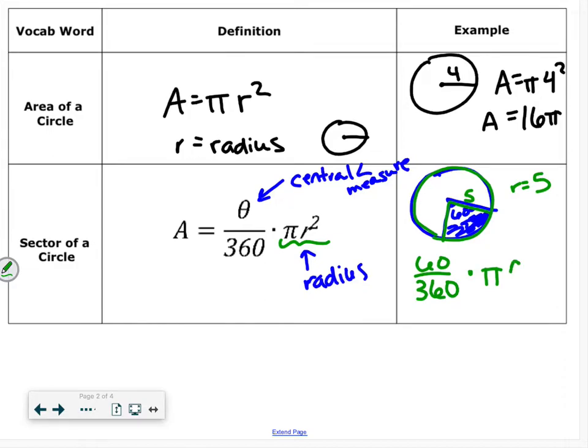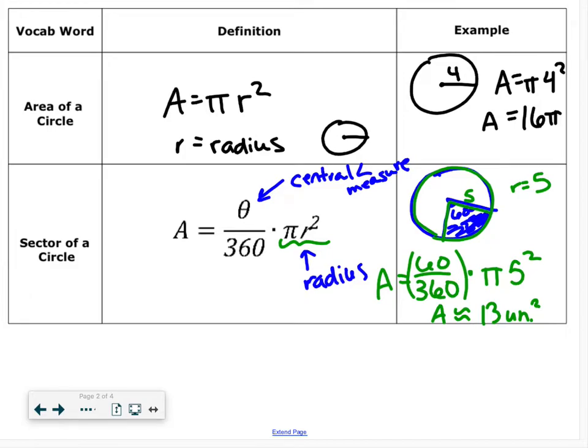Our radius times 5 squared. So we could multiply that through, and you may want to put that in parentheses if you're entering on your calculator, is about 13 units squared.